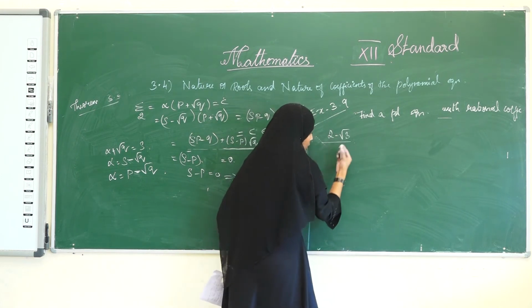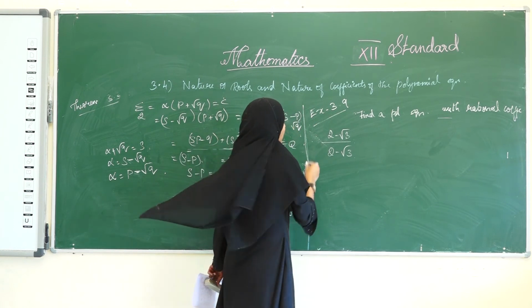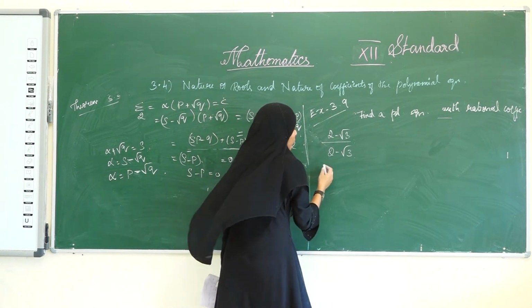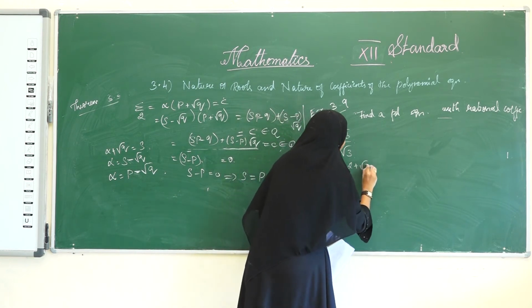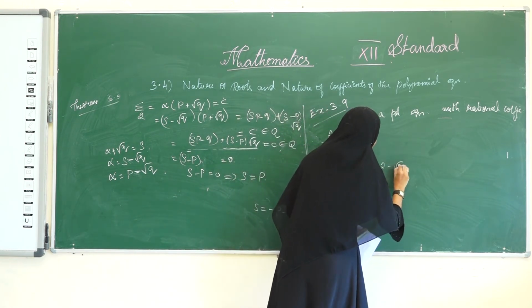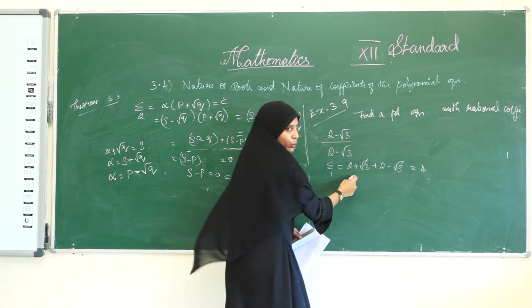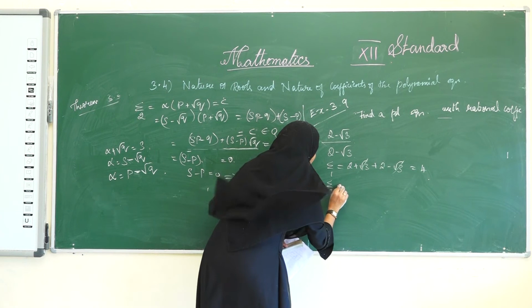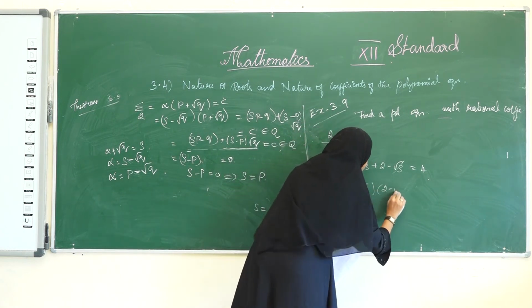From this we can write its conjugate, that is 2 minus root 3, as another root. This will be one root and this will be another root. The sum of the roots is 2 plus root 3 plus 2 minus root 3, the value will be 4, as minus root 3 and plus root 3 get cancelled. The product of the roots is 2 plus root 3 into 2 minus root 3.